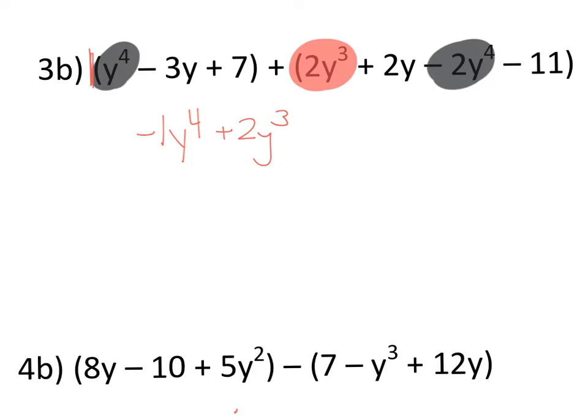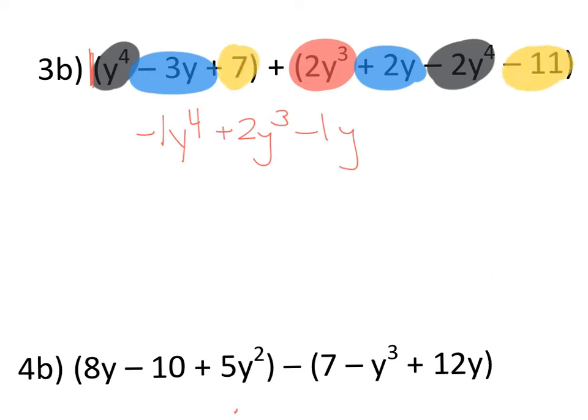All right, and then I'm going to look through my problem here, and I've got a y, and I go to find the other y. So negative 3 plus 2 would be negative 1y. Sorry, guys. Negative 1y. All right, and then on my last one here, I'm going to have the 7 and the negative 11.